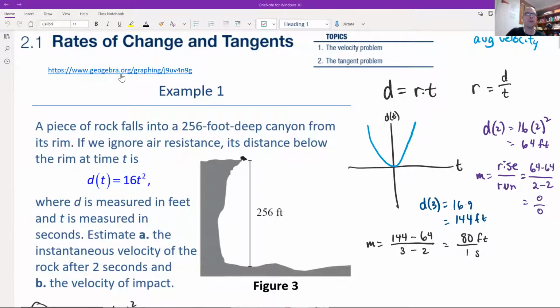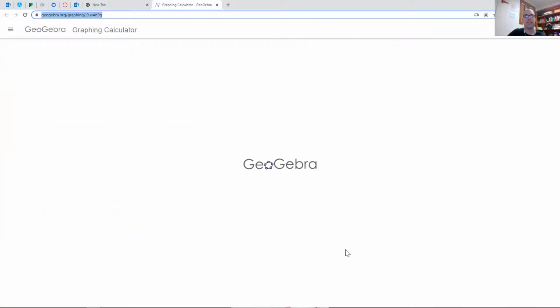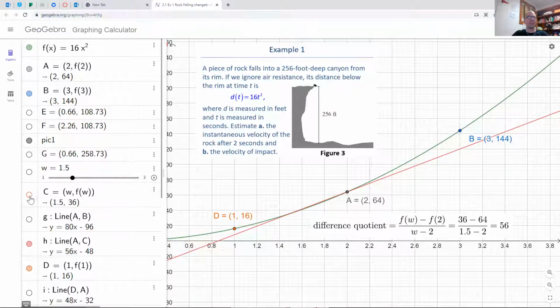I am going to now take the opportunity to go to Geogebra and show you this cool thing that I made. All right. Let's go ahead and get rid of this line, this line, this line. Yeah, we can leave D there. So these numbers actually worked out the way that we were hoping.